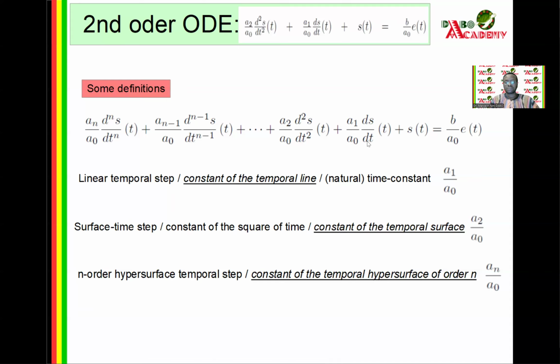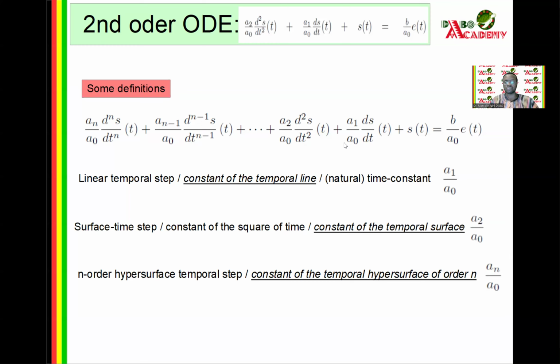But the dt here, okay, we can call also this expression a linear temporal step, okay? Because I consider that when every dynamical system is moving, there is an internal characteristic that is a time constant. Okay, this is my paradigm. And the time constant that you have here is multiplying a line. This is why I call it a linear temporal step.